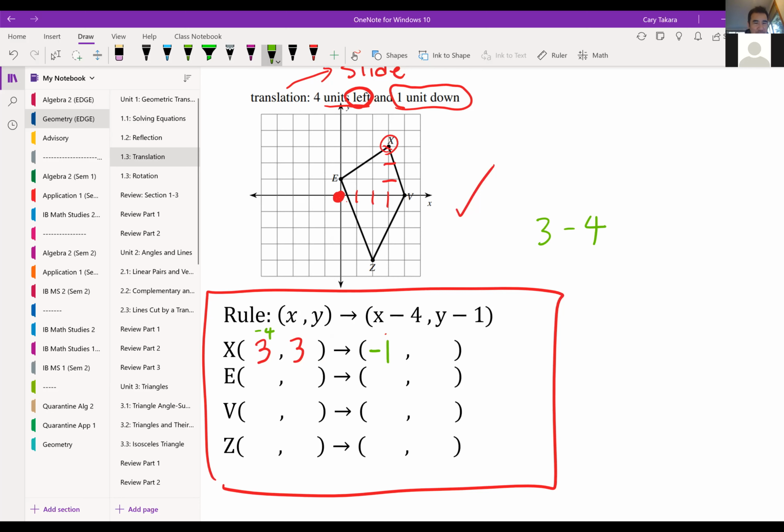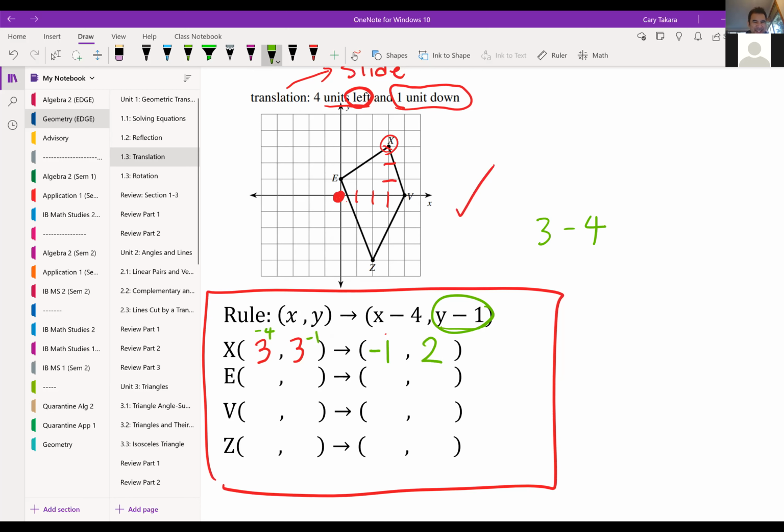That means the new x coordinate is going to be -1. Okay. And then for y, the rule is you subtract 1 because you want to shift it 1 down. So you subtract 1. And what's 3 minus 1? Obviously, it's 2. So the new y coordinate is going to be 2.